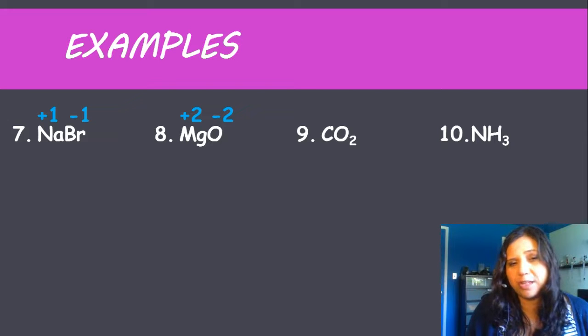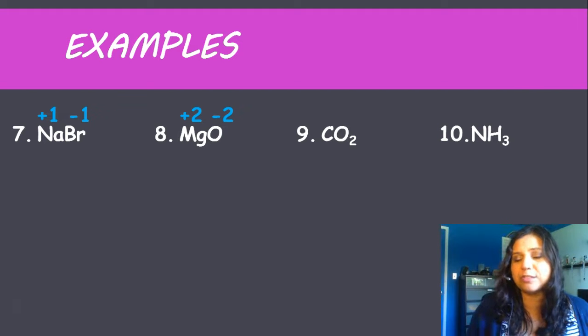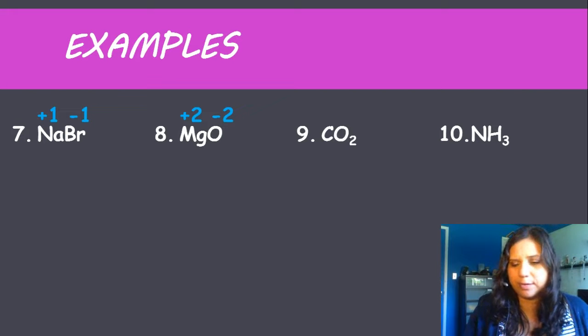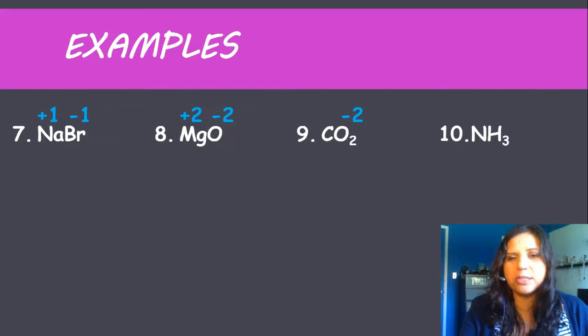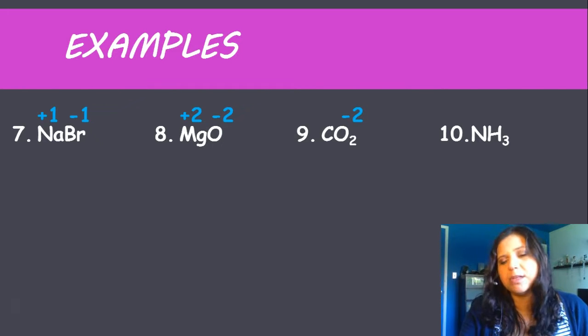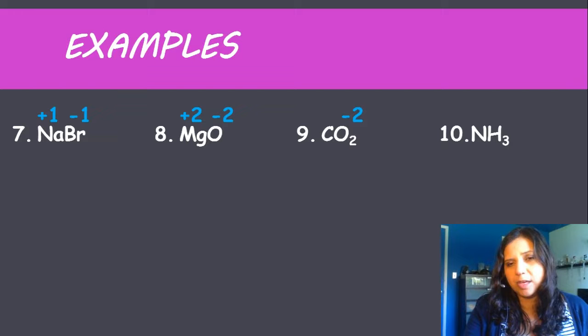CO2. Here we have a molecule, so it's not about its actual charges, but its apparent charges based on how the electrons are distributed around the atom. Okay, so, carbon. I do not have a rule for carbon, but I do have a rule for oxygen. It's usually -2. So I'm going to put -2 above the oxygen.